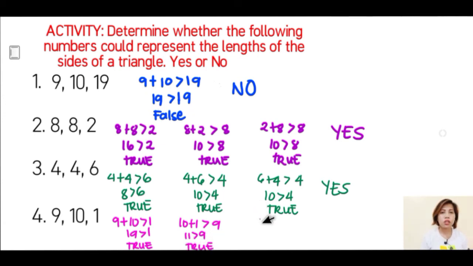And then, last, 1 plus 9 is greater than 10. 1 plus 9 is 10. 10 is greater than 10, false. Kasi equal po sila. So, meron pong isang false statement, so therefore, no po ang sagot natin dito dahil merong isang false statement. So, ganun po yung gagawin ninyo to determine whether the following numbers would represent lengths of the sides of a triangle using the triangle inequality theorem.